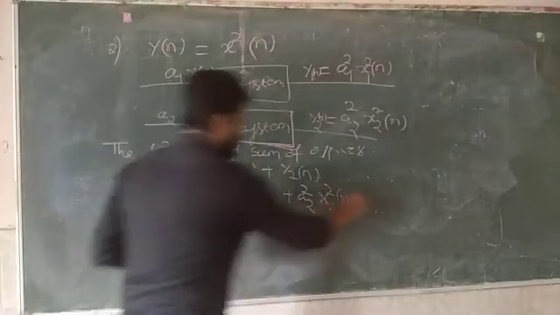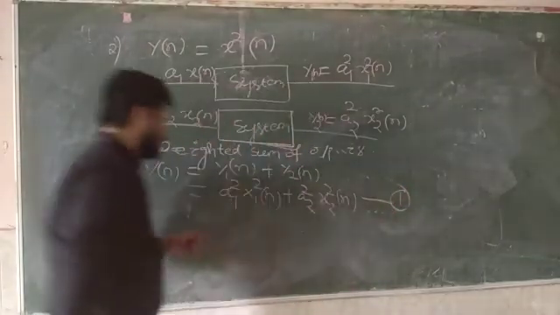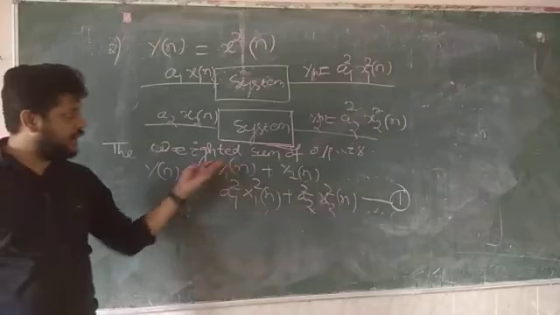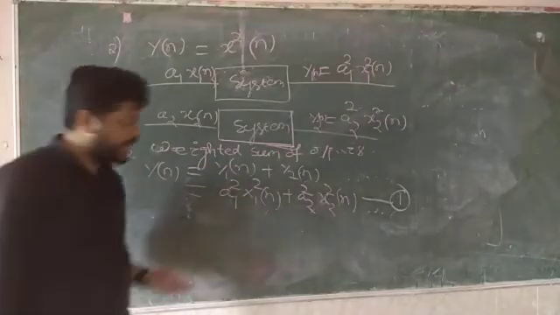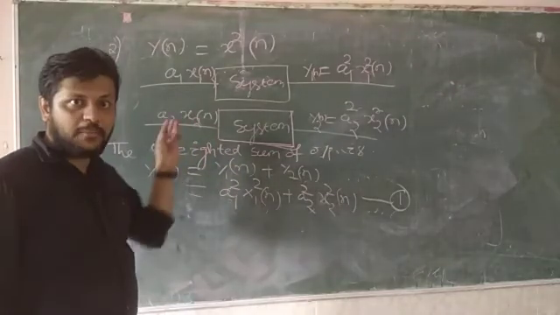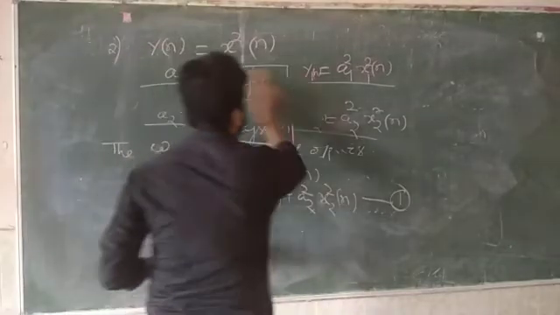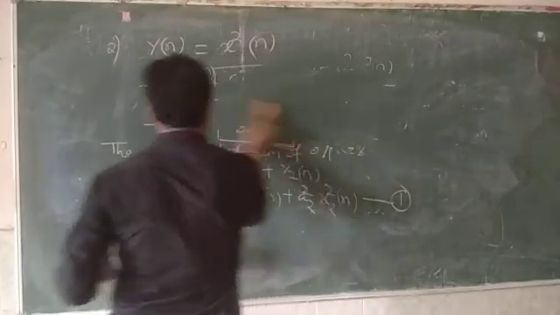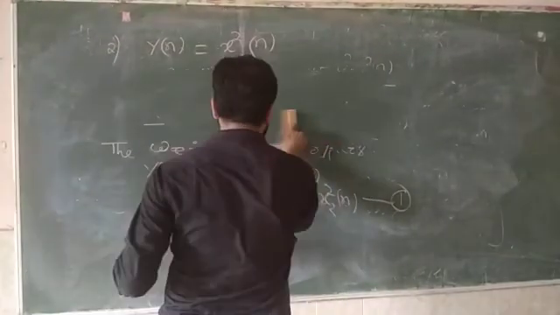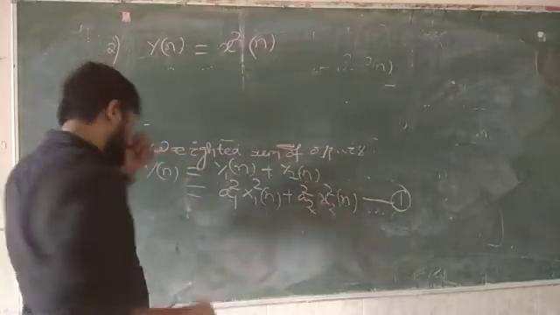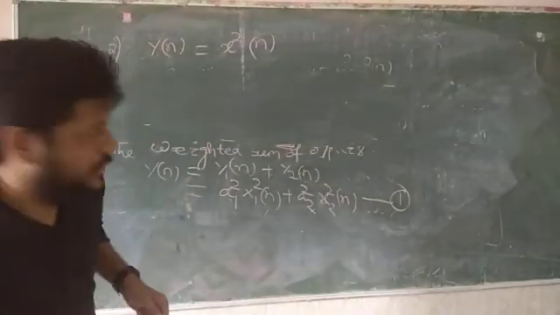This is equation number 1, the weighted sum of output. Now I have to apply both these two signals simultaneously to the system, and whatever the result is, if it is equal to equation 1, then only the system is a linear system. Otherwise it is a non-linear system.